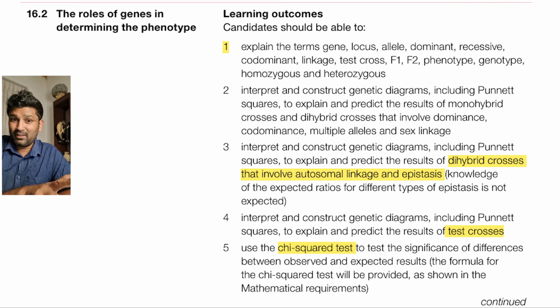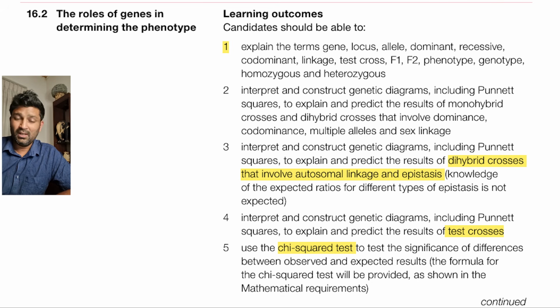So that's something that you might want to be aware of, because you would obviously need to know the monohybrid crosses and the dihybrid crosses, what the phenotypic ratios are. Because when it comes to gene linkage, these ratios will not be the same as a normal dihybrid cross or a monohybrid cross. So you might want to try a few questions.